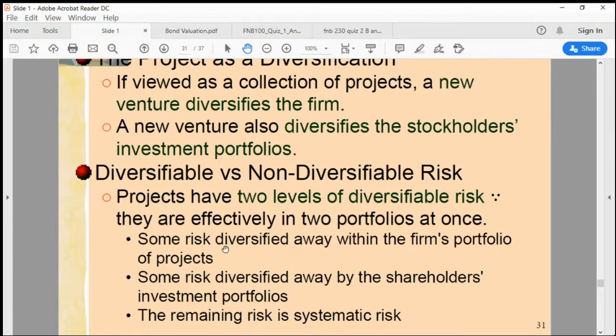Some risks are diversified away within the firm's portfolio of projects, and some risk is diversified away by the shareholders' investment portfolio. And the remaining risk is the systematic risk. Okay, so diversifiable and non-diversifiable, right?